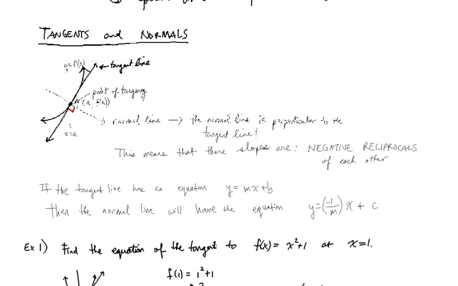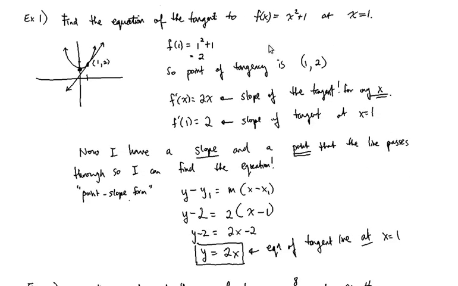It says find the tangent to f of x equals x squared plus 1 at the point x equals 1. By the way, this is also from your textbook, so if you would like to stop this video and just read the textbook, you are by all means welcome to do that, but I'm just going to walk you through this.